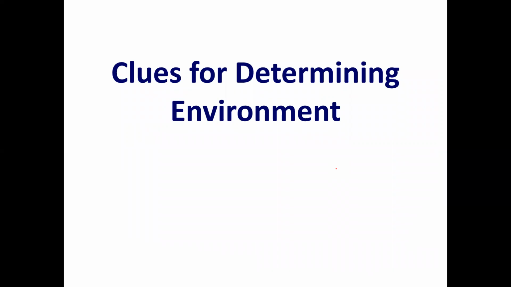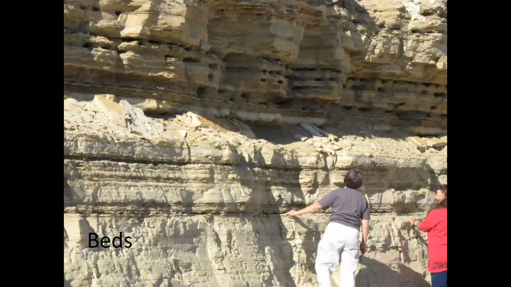So I'm going to look at some clues for determining the environment in which the sediments that form the rock were deposited. If we find sedimentary rock in beds, like we see here, horizontal layers, that tells us that it was often deposited by water, right?